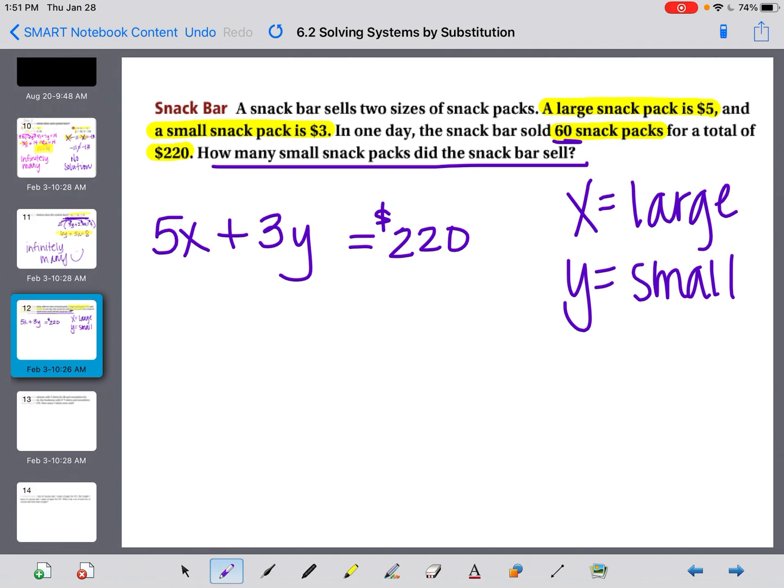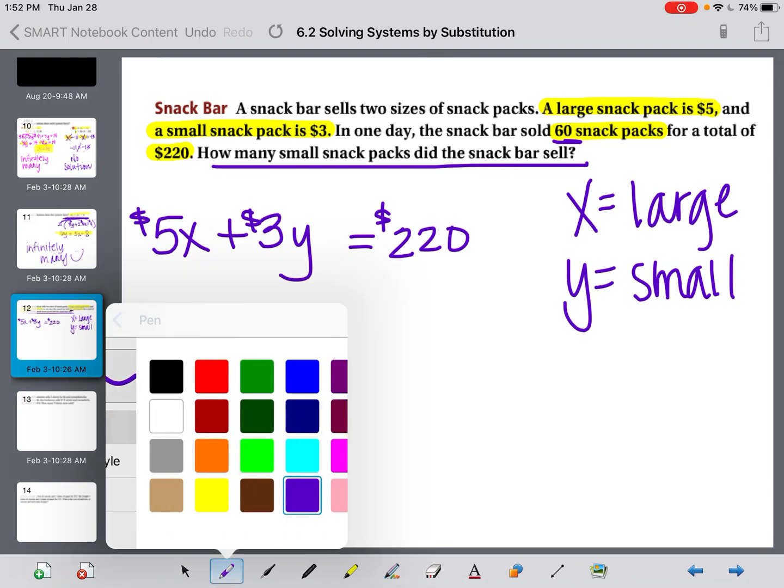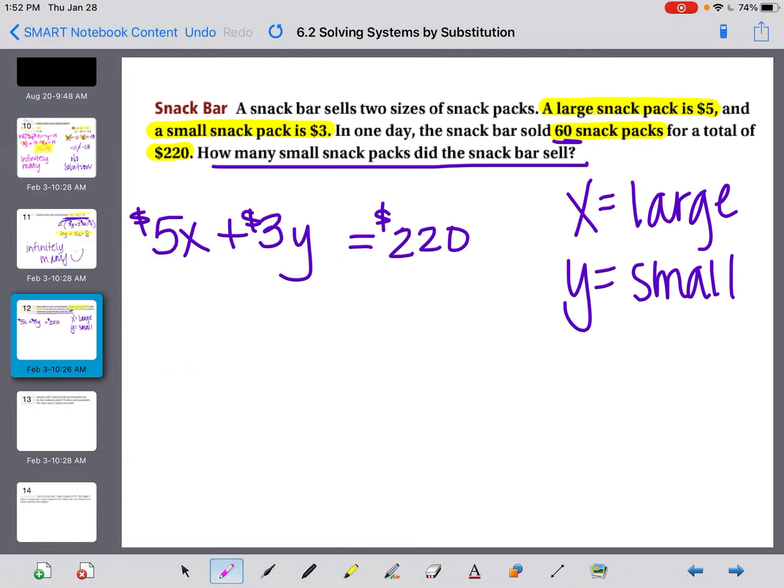Okay, so this whole first one, we knew those numbers went together because they were all talking about the money. The second one is actually about number of snack packs. Okay, this 60 is a total. And what makes up the 60? It was the large ones plus the small ones. Okay, so there's our two equations that make up our system.